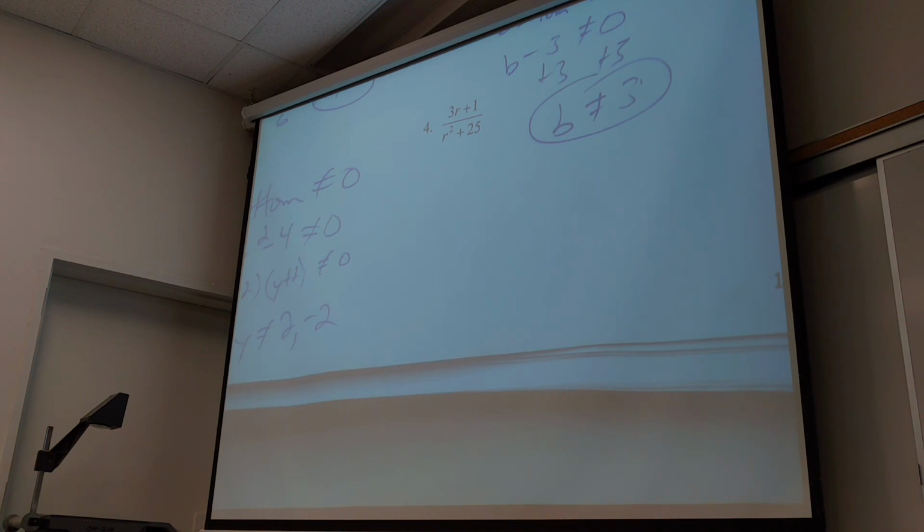That's why I don't care at all what's on the top when they're asking me what makes this undefined. Because the only way a fraction can be undefined is if 0 is on the bottom. That's why I'm totally focusing on the bottom. If they said reduce this, I'd have to factor the top, factor the bottom, see what's common. That's not this question. This question just wants to know what values make this thing freak out. And that's only the bottom.